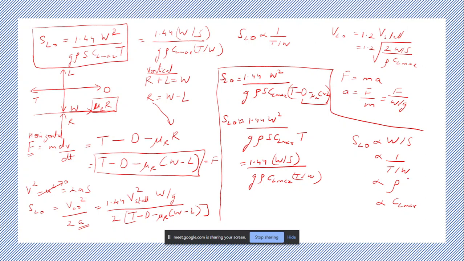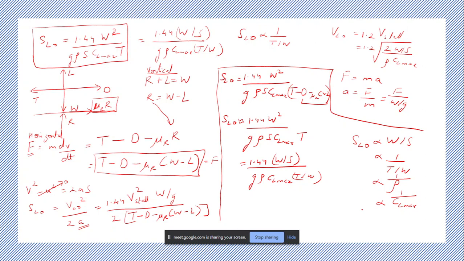If you were to increase thrust loading, your liftoff distance will decrease. If you increase the density, that is, if you go above, your liftoff distance will increase. If your altitude increases, that's what I meant. If you increase your CL max, that is by deflecting your high lift devices, the takeoff distance will decrease.